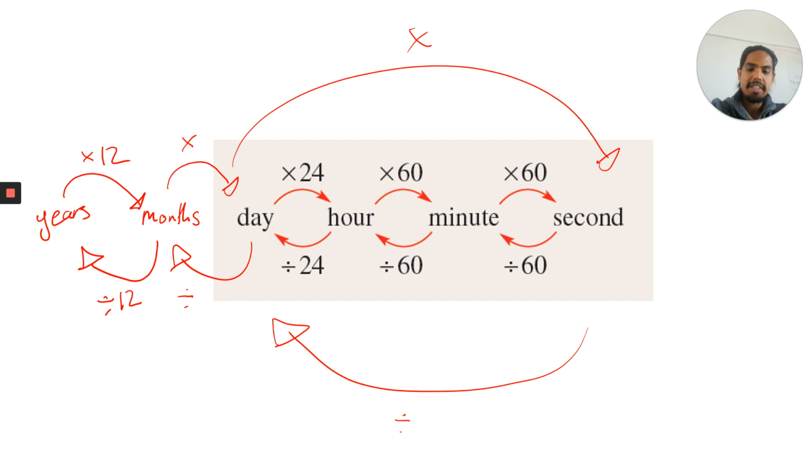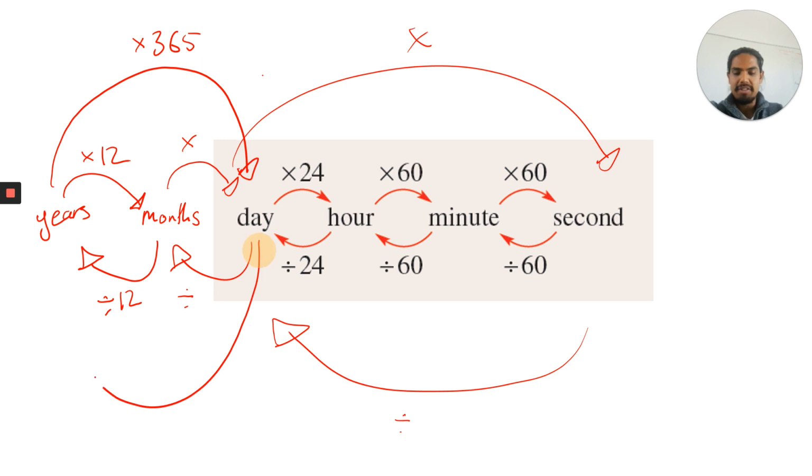One other conversion we might need to do is to go from years to days, in which case we'll multiply by 365, unless it's a leap year, and from days to years, we will divide by 365. Okay?